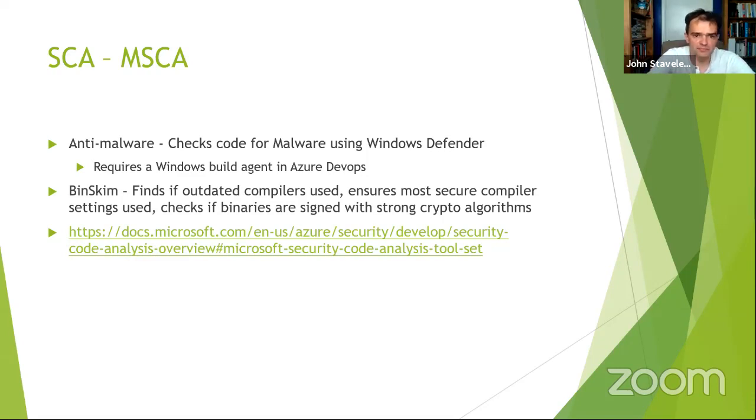Finally, there's BinSkim. It finds if outdated compiler settings are used, whether the most secure compiler settings have been used, and also checks if the binary has been strongly signed. So this is really deep security. I found that there are issues with this in that if there is a problem, it will just fail your build.